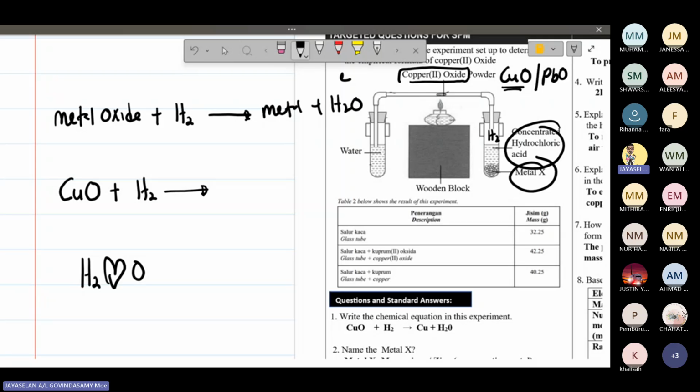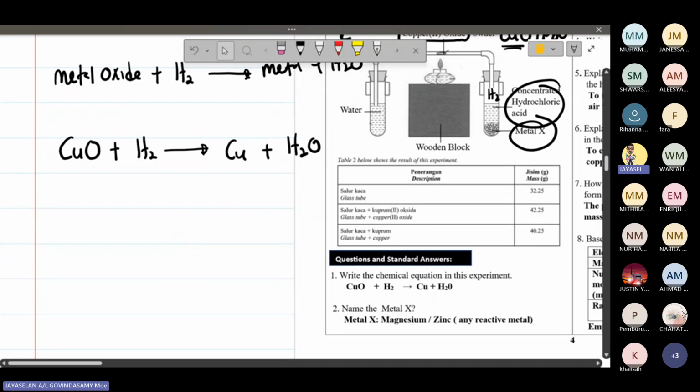Mana ada oksigen dia rampas and it will form H2O, water. So this oxygen akan dirampas oleh hydrogen. You will get water and copper becomes single. Any question? For this, you no need to take the ion. You do like this only. Settle. You already get copper and water.